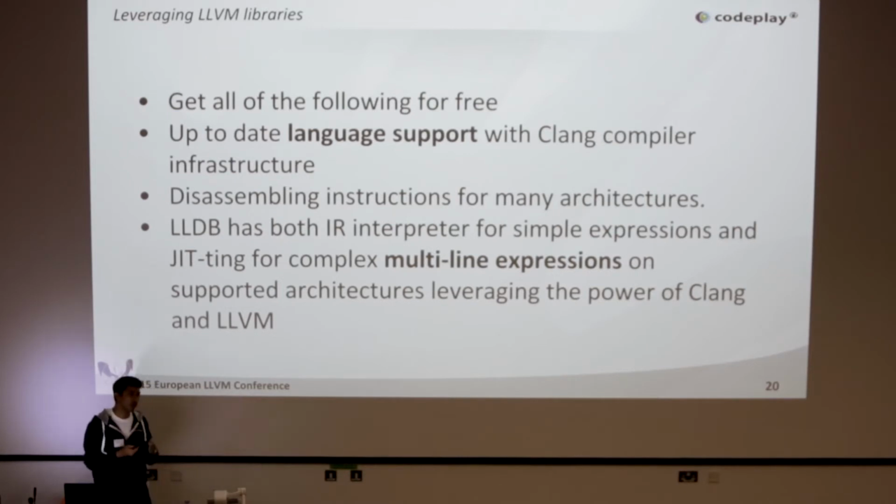So if you have already added a disassembler for your architecture, LLDB can just reuse that. And it has both an IR interpreter and JIT-ting for complex multi-line expression evaluation. JIT-ting is on supported architectures, and on other architectures you have the IR interpreter. They both leverage the power of Clang and LLVM. So it is pretty useful. I will explain more in the coming slides.